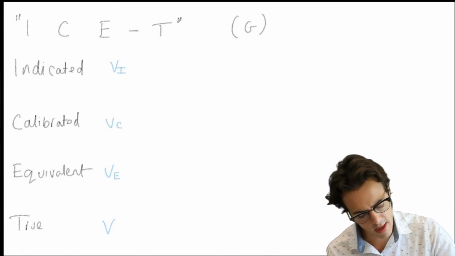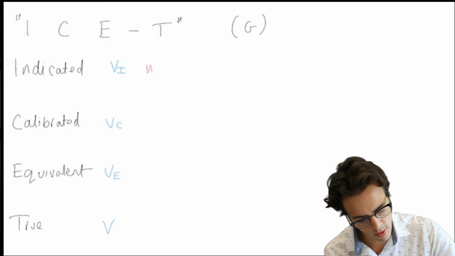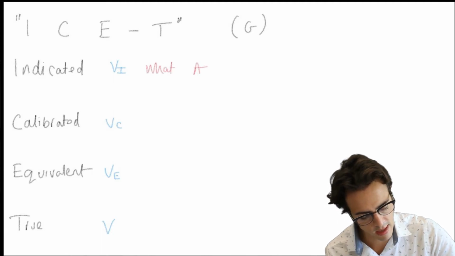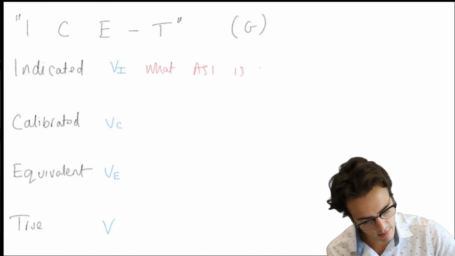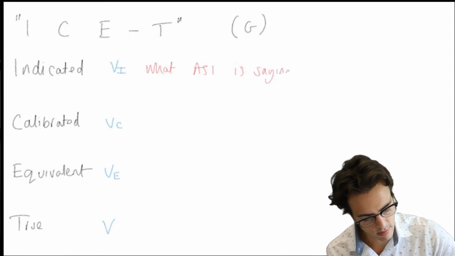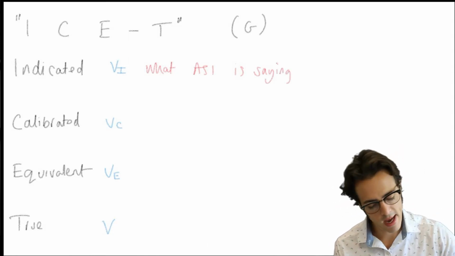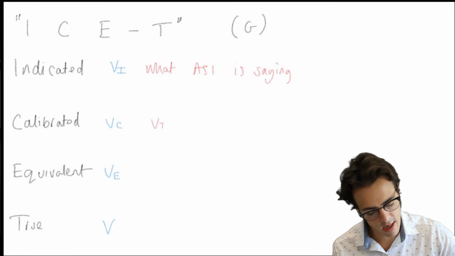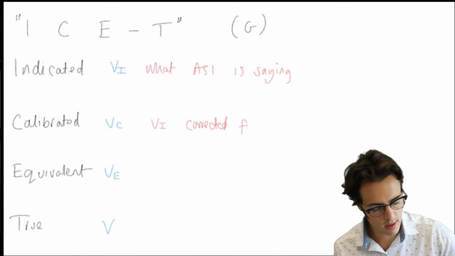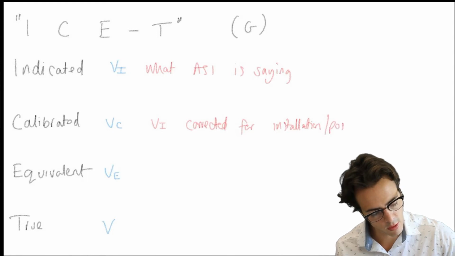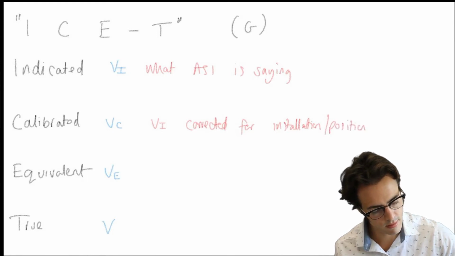Now we can describe these. Indicated airspeed is what the airspeed indicator is displaying. Calibrated airspeed is VI corrected for installation or position error.